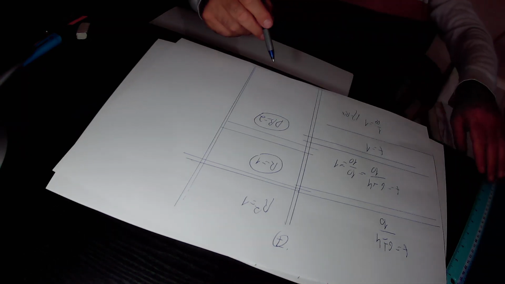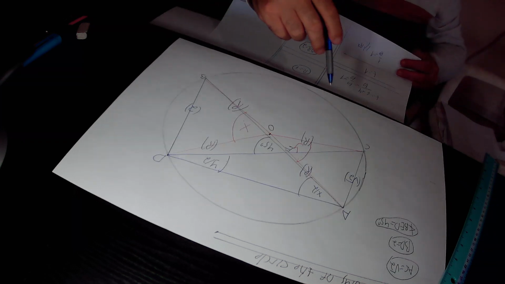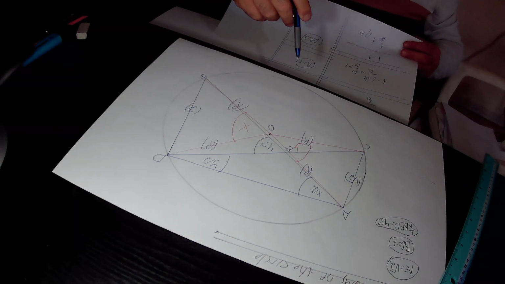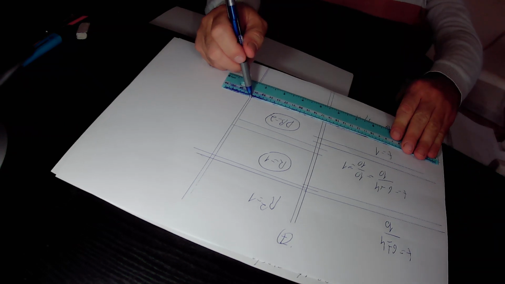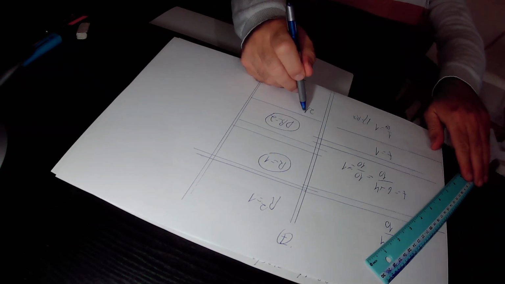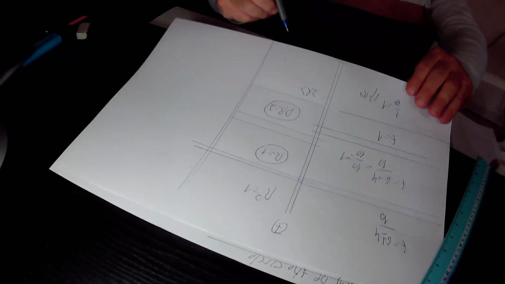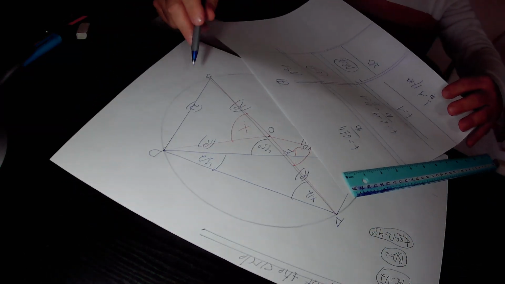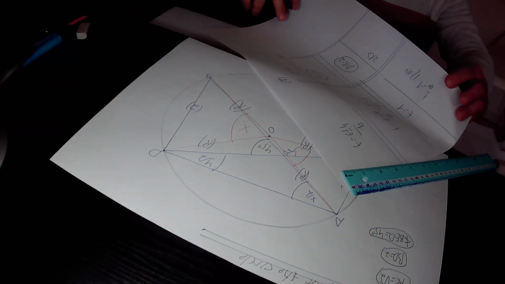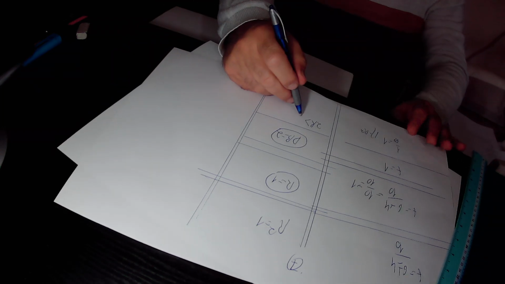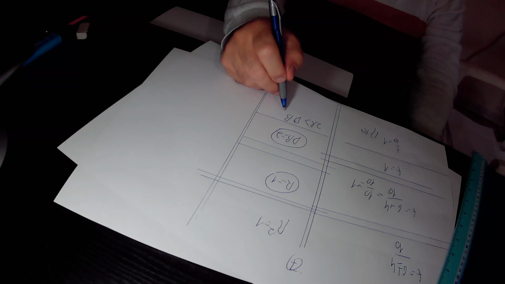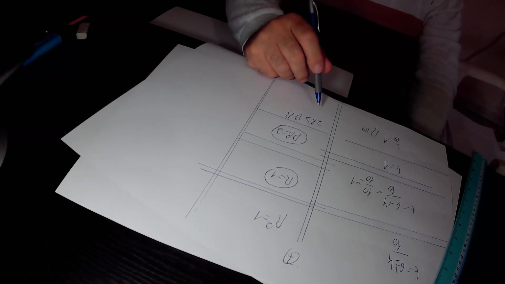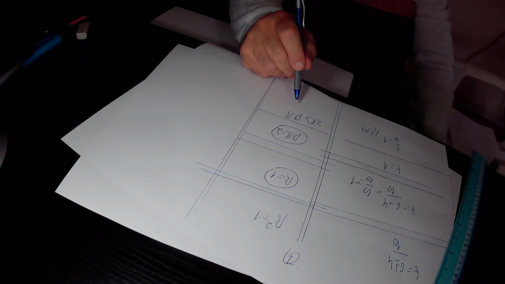So the diameter of this circle is 2r, and the diameter 2r must be greater than chord DB, that is not the diameter, because the diameter of any circle is the longest chord in the circle.